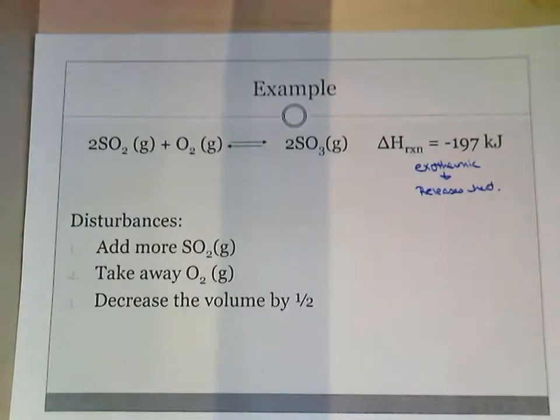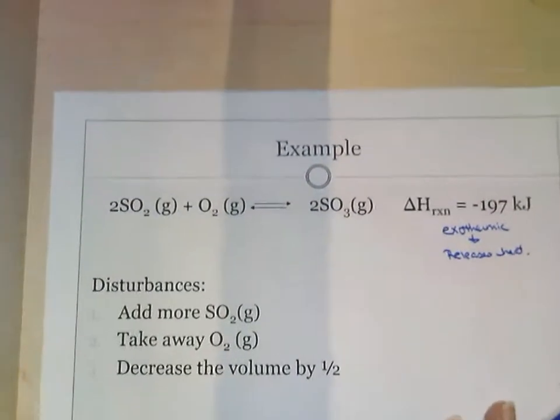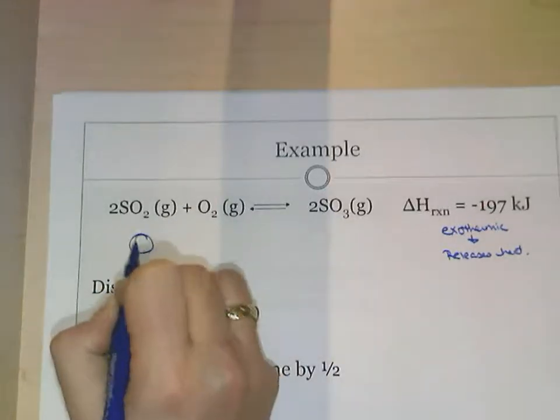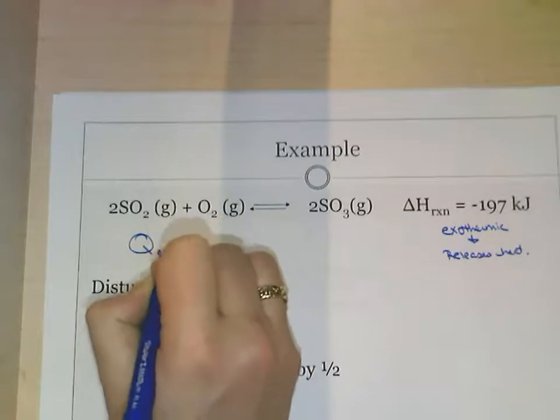So let's look at the different ways we could determine things about this system. So I don't know if I'm at equilibrium, right? I want to know how equilibrium and equilibrium constant are related. So I can write out the reaction quotient for this.